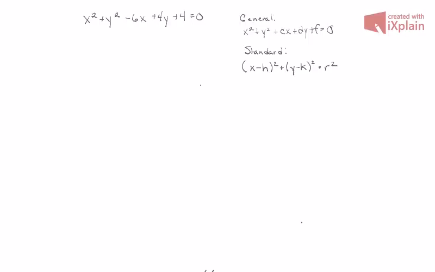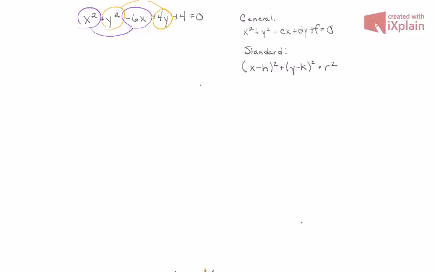So in order to do this, we're actually going to want to fall back on our method of completing the square. And I remember that it's everyone's favorite, so everyone calm down. What we need to do first is go ahead and rearrange the general form here. So what I'm doing is coupling any terms that have the x variable in them and any of the terms that have the y variable in them.